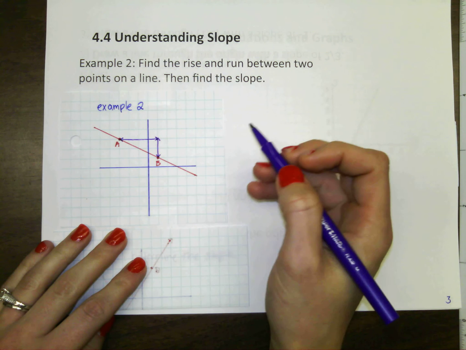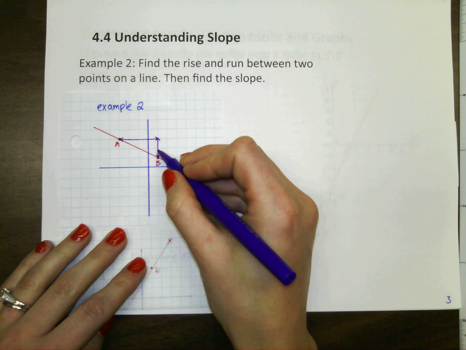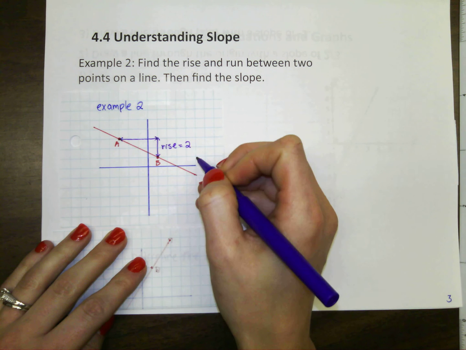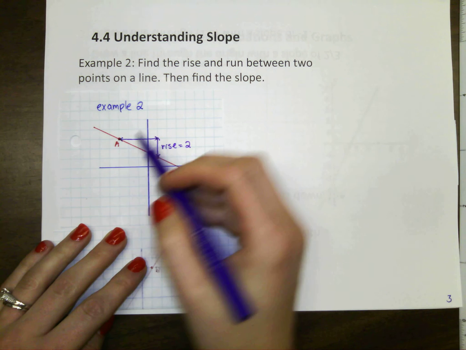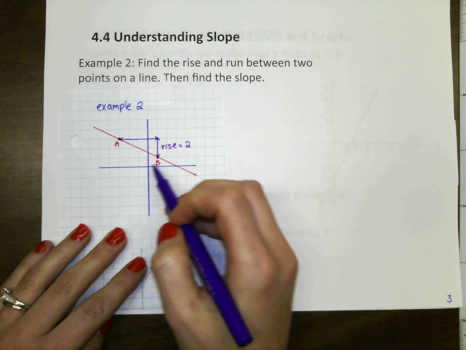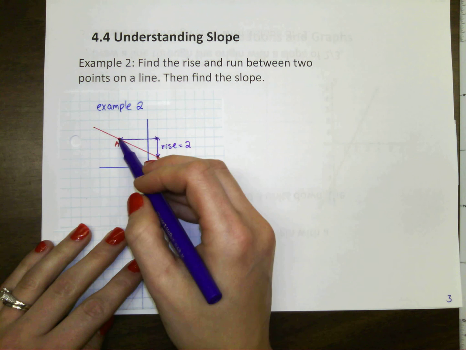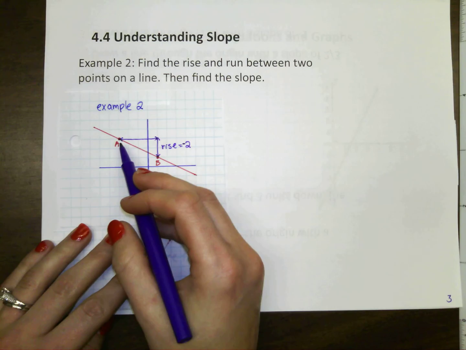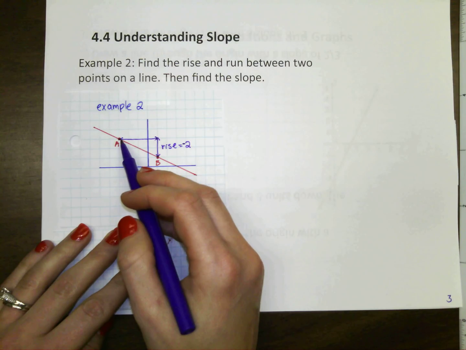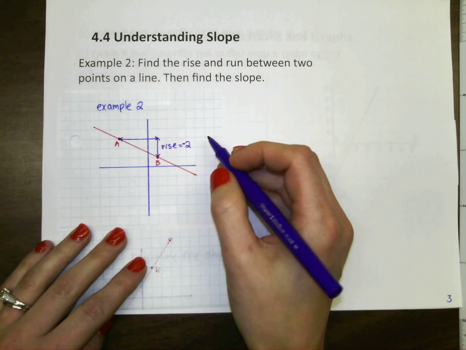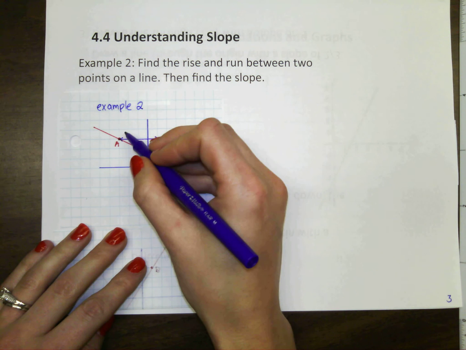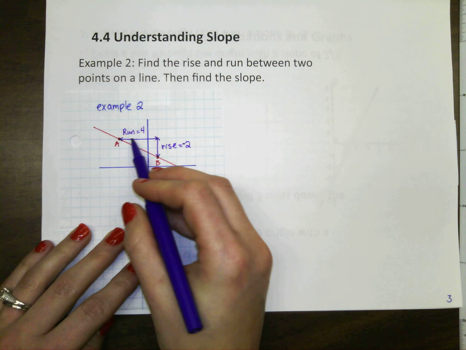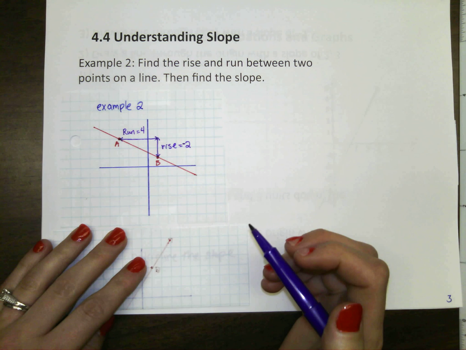In this case, our rise is 2, but because we're going from point A to point B, it's going down 2, so it's a negative 2. And we're going from left to right, so toward the positive. So our run is positive 4: 1, 2, 3, 4 spaces.